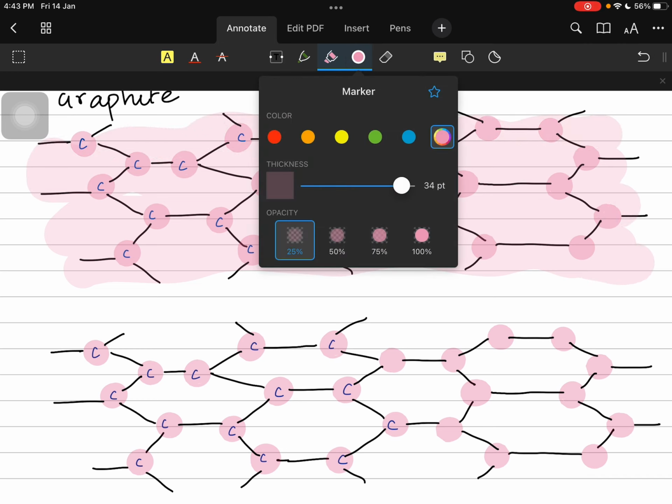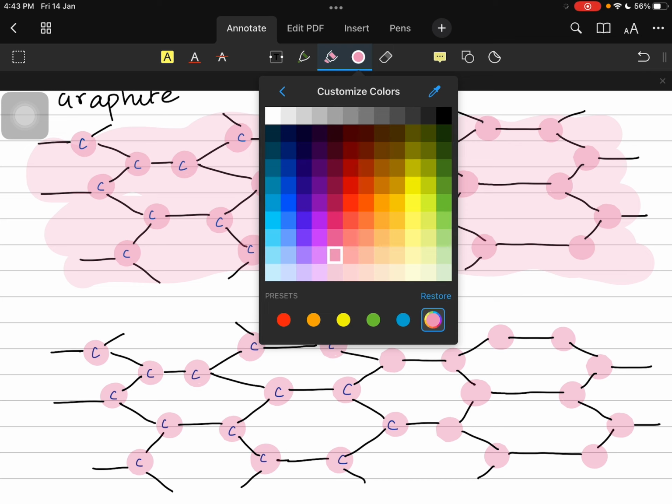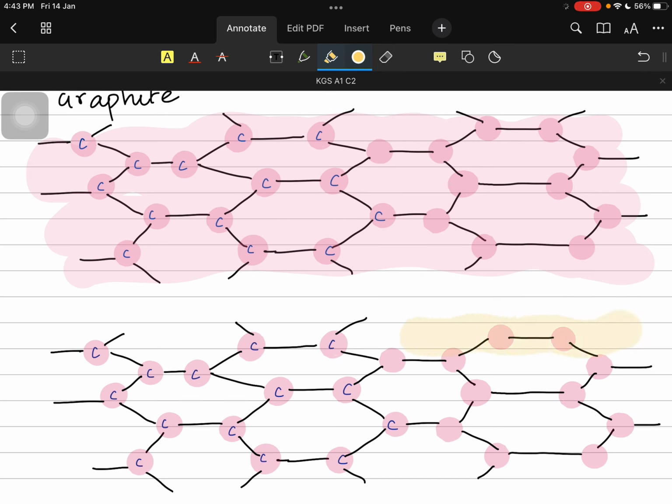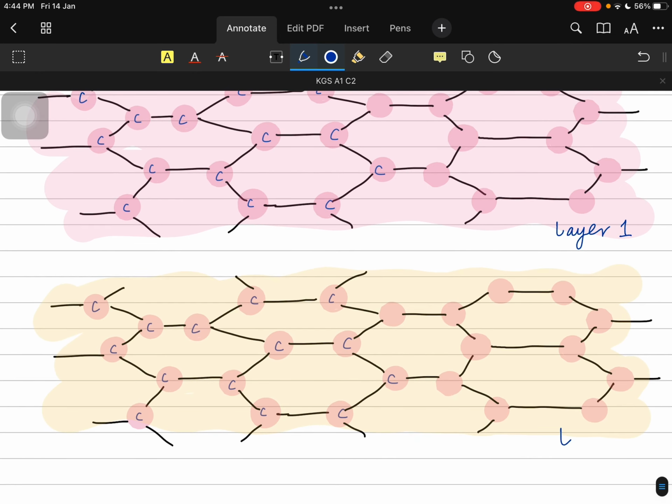And over here I would have some other layer, for example, that would be my orange layer. I'm showing the continuation of the layers. So this is layer 1, and this over here would be layer 2.